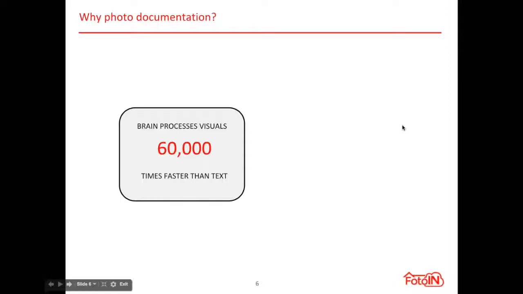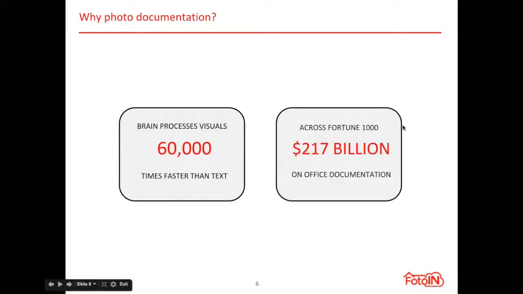What you can see on a screen or on a picture on a document gets processed by the brain much faster than actually having to read the text and understand what somebody was trying to say. And not only that, again, some hard numbers: across Fortune 1000 companies, 217 billion was spent on office documentation.